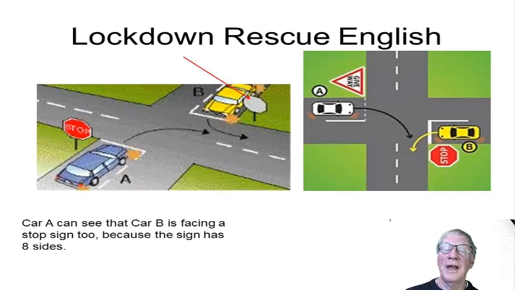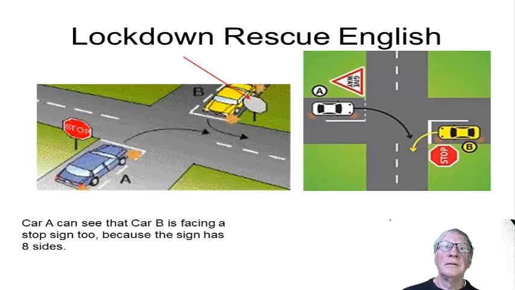On the left-hand side, car A can see that car B is facing a stop sign too, because the sign has 8 sides. So that means he knows he has to give way to car B.